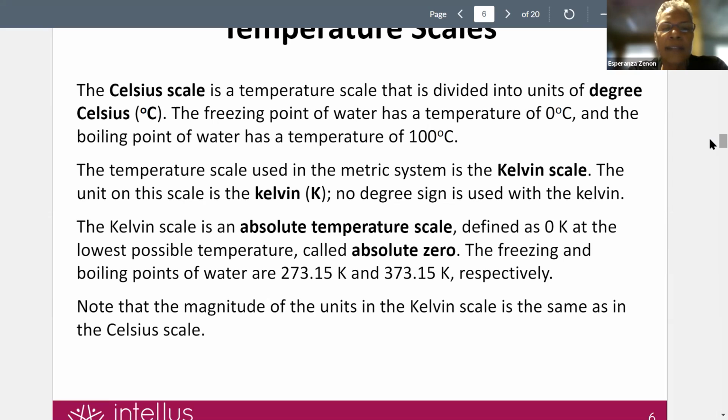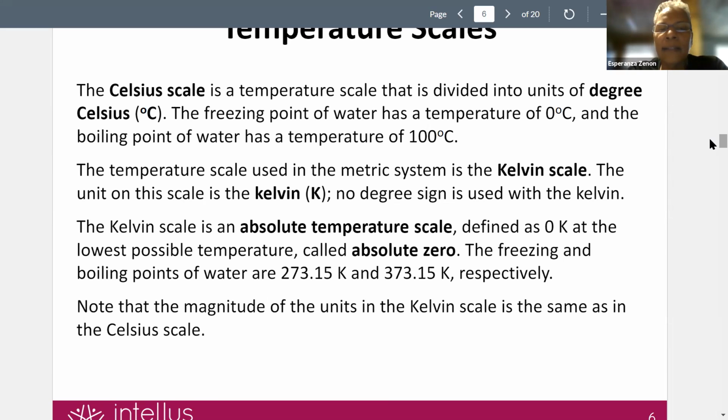Now the Celsius scale is based on the freezing point and boiling point of water, which is 0 degrees C for the freezing point and 100 degrees C for the boiling point.